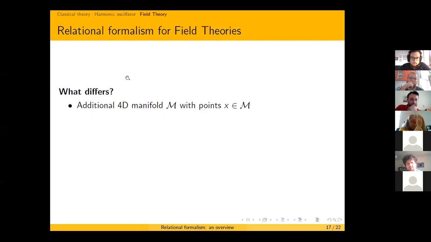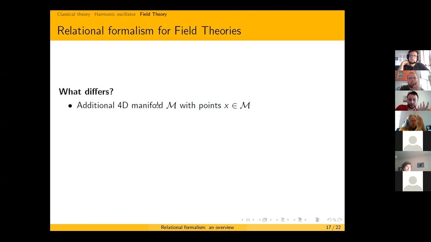If we want to carry over the relation formally to field theories, we have also an additional structure, which is, say, a manifold of dimension n, because in the next seminar I'll focus on general relativity, but of course it can be extended to any dimension.